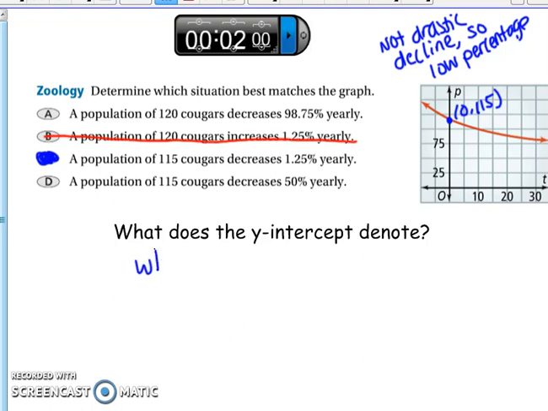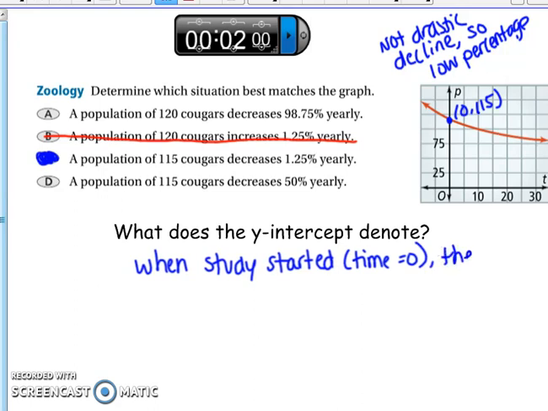So what this means is when the study started at time 0, because when the study starts, the time is just beginning. So that's when time equals 0. That there were 115 cougars. So make sure that you can interpret the y-intercept for these application problems.